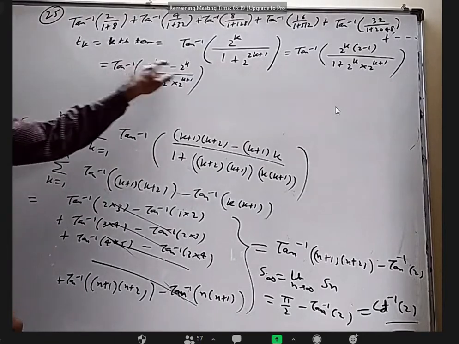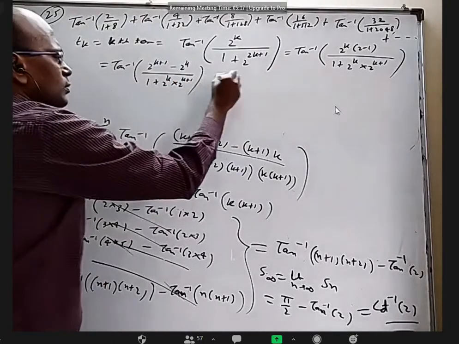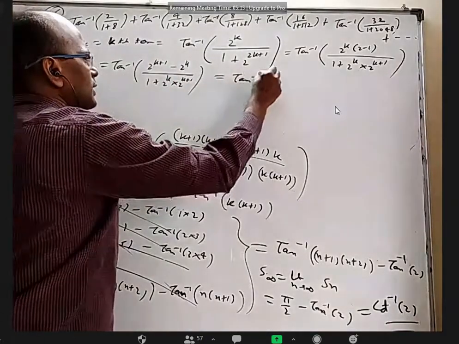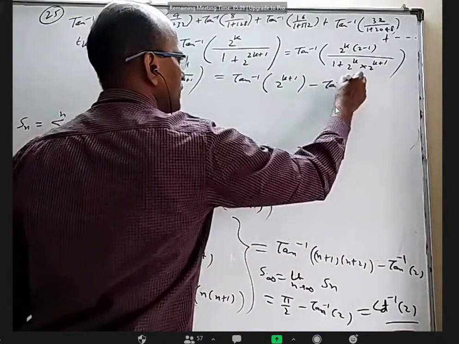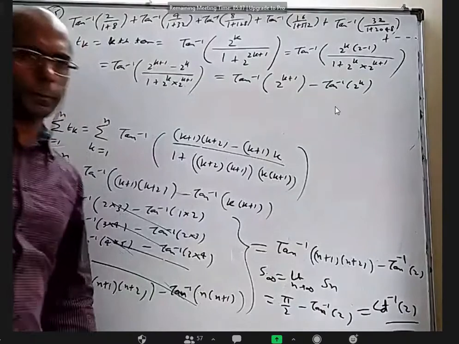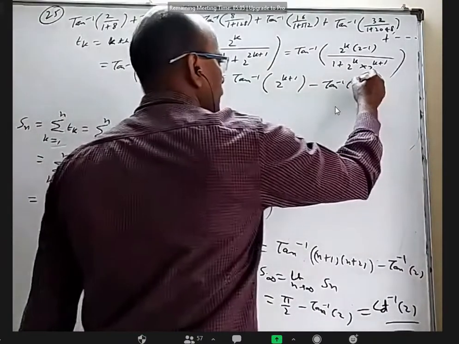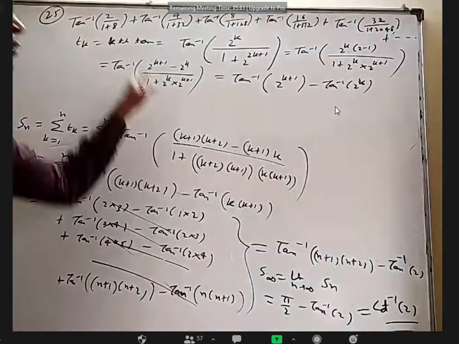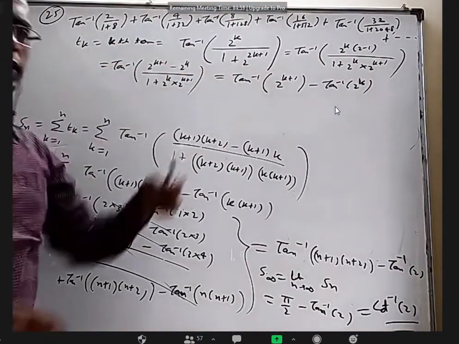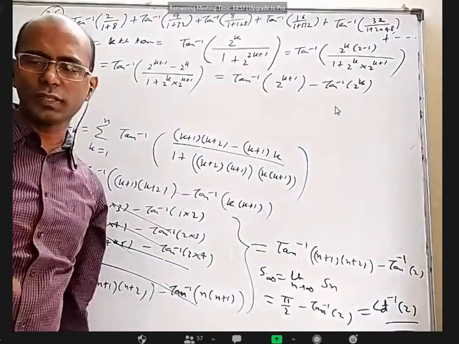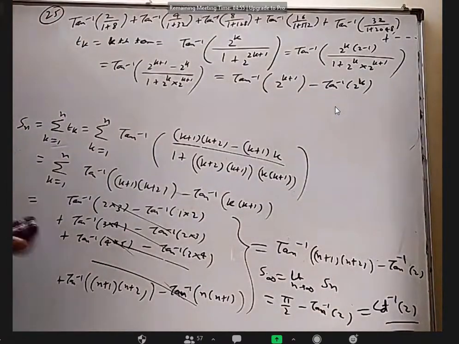It looks like tan inverse (a minus b) by (1 plus ab). Which is tan inverse 2 power k plus 1 minus tan inverse 2 power k. Without writing kth term and doing all that, you can also write it as difference of two things. In that, you will find a pattern. You will know what is the nth term also.